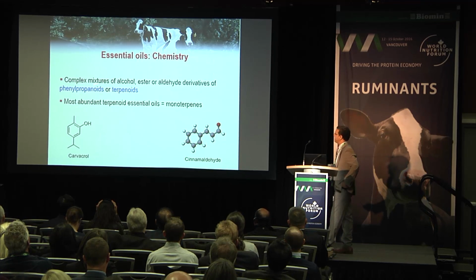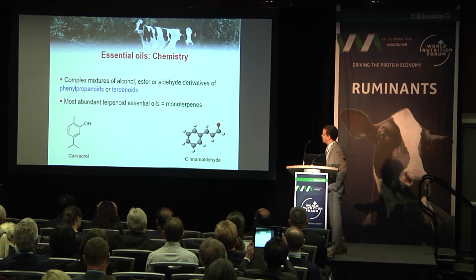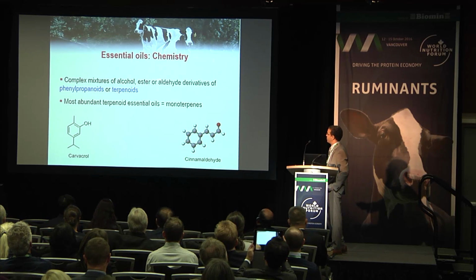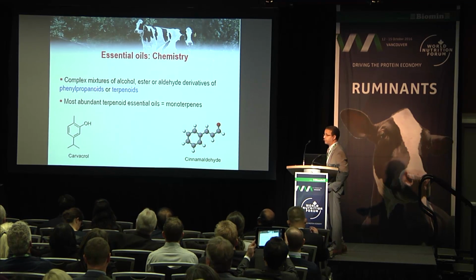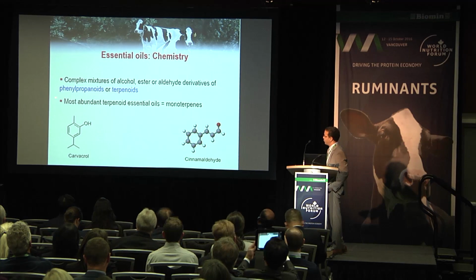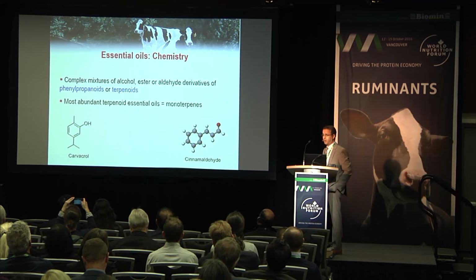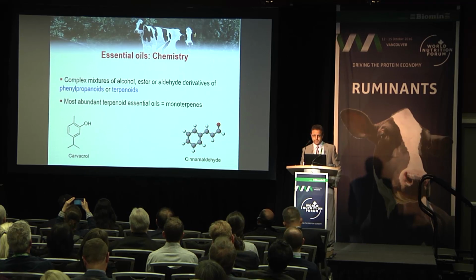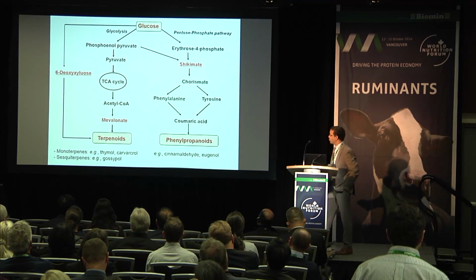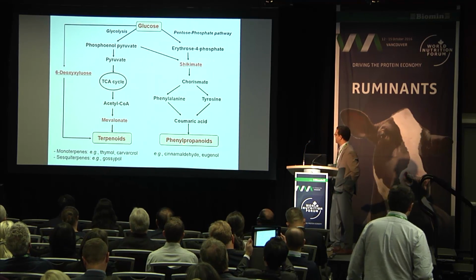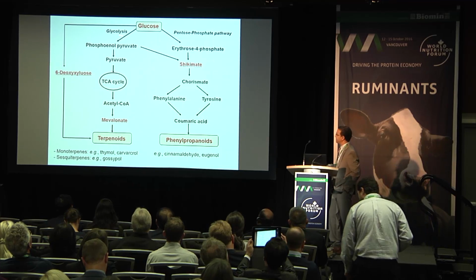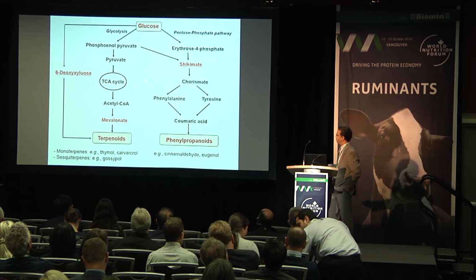Chemically, we can define essential oils as a complex mixture of alcohol, ester, or aldehyde derivatives of phenylpropanoids or terpenoids, with the most abundant terpenoids in essential oils being the monoterpenes. These two groups, namely terpenoids and phenylpropanoids, are synthesized through separate metabolic pathways.